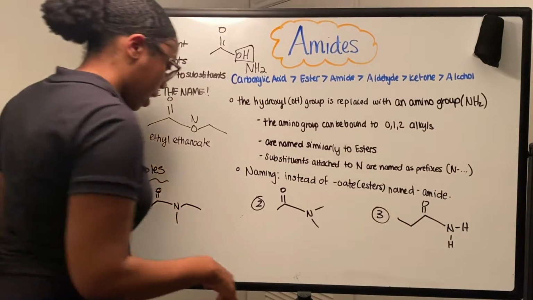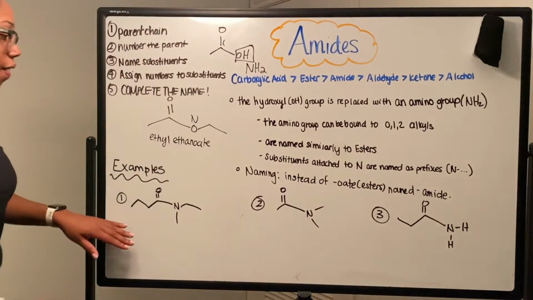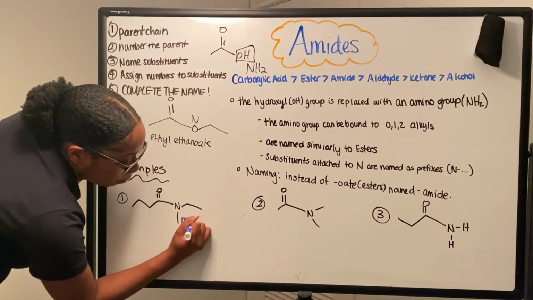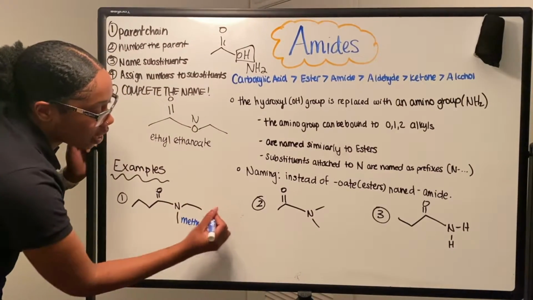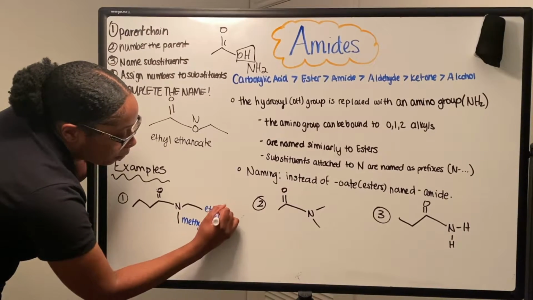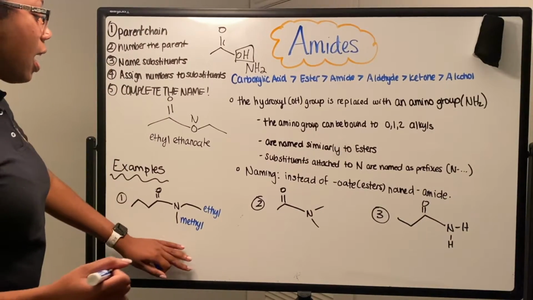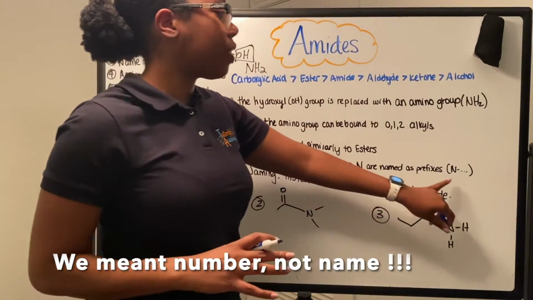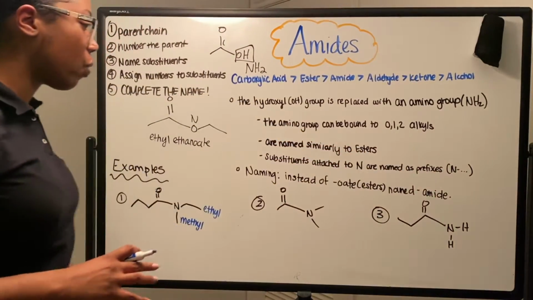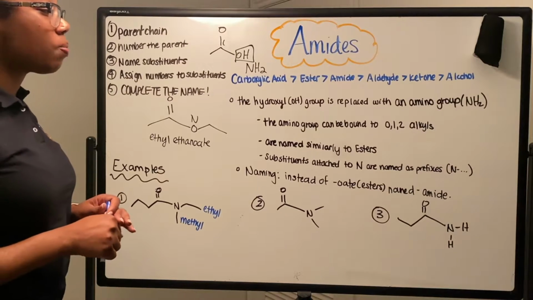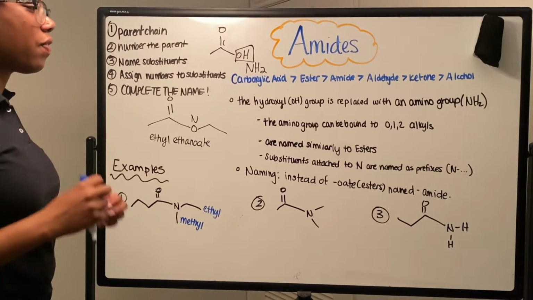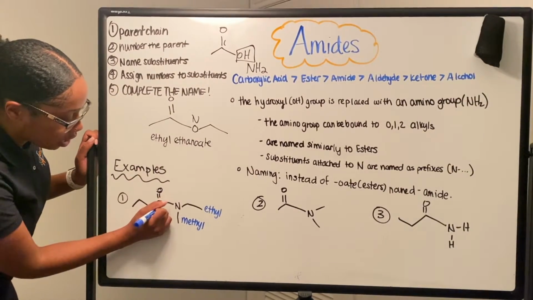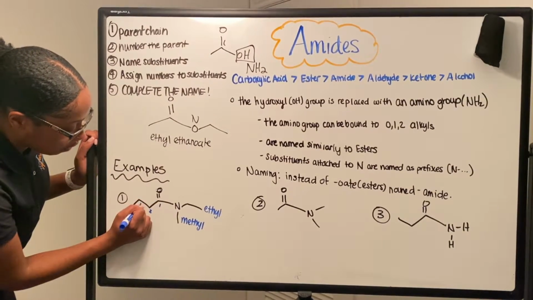So let's go ahead and do that down here. In our first example, we're going to name these two. So here we have a methyl group, and then here we have an ethyl group. Another thing is that whatever's attached to the N, we do not name it. We just name them as prefixes with N coming before that to denote that these specific alkyls are located on the N. So if we look here, we have 1, 2, 3, 4.